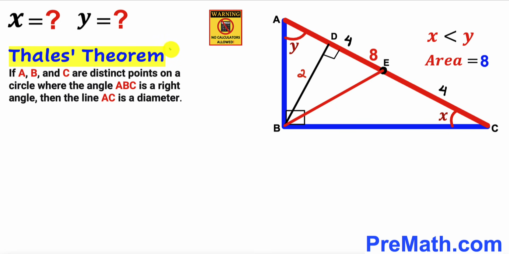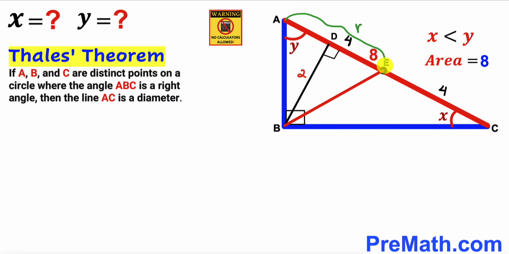Now let's recall Thales' theorem. According to this theorem, if the points A, B and C are distinct points on the same circle, where angle ABC is a right angle, in other words a 90 degree angle, then the line AC is going to be the diameter. So we conclude that AC is the diameter of the circle with center E, such that AE is the radius.